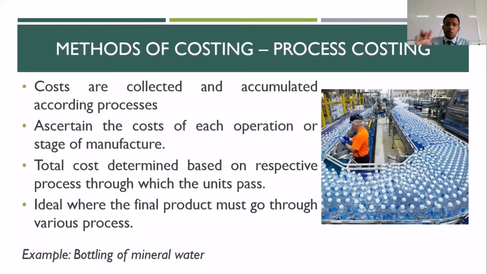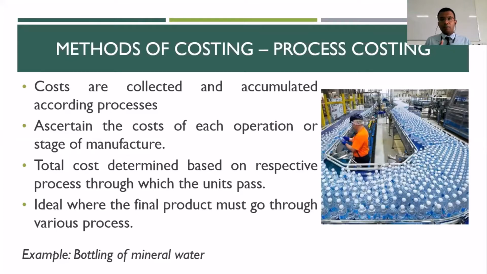So you would determine the cost associated with a specific operation or with a stage of manufacture. Then you will determine the total cost, and then you will end up calculating the cost per unit. So for example, in the mineral water industry, you're trying to calculate the process of bottling of minerals.